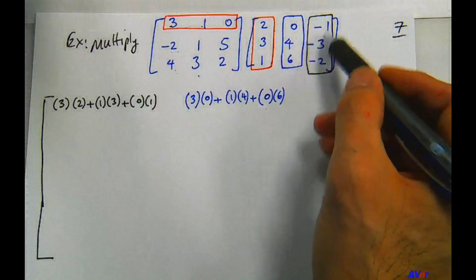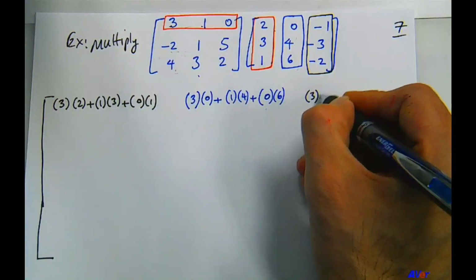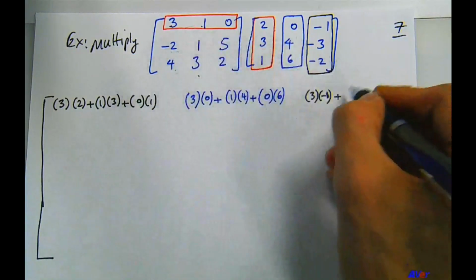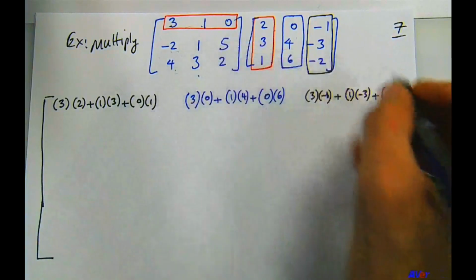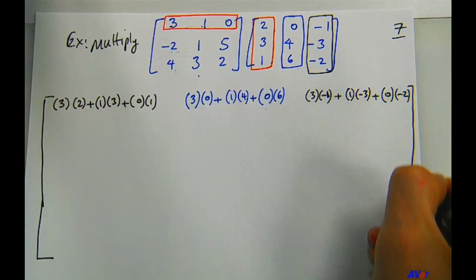Then the third column, 3 times negative 1 plus 1 times negative 3 plus 0 times negative 2, right? It barely fit.